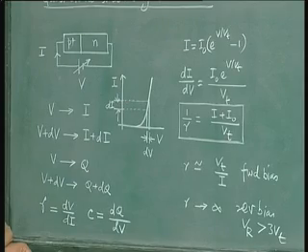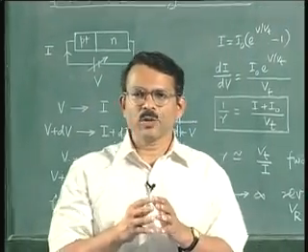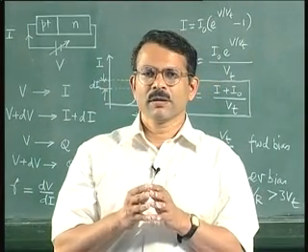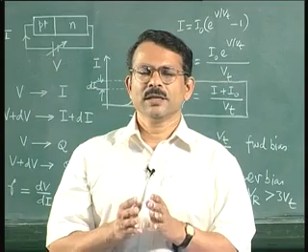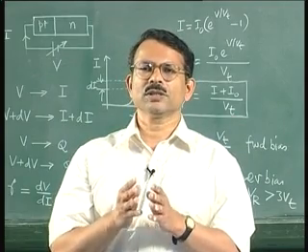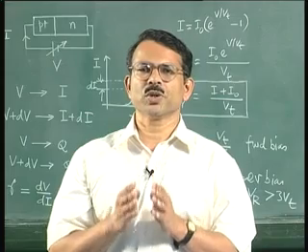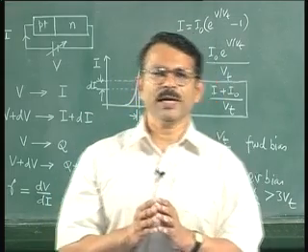So since the resistance and the capacitance are due to a common voltage V, that is the voltage across both the resistance and capacitance is the same, and therefore it follows that the resistance and capacitance should be shown to be in parallel. Okay, so this point should be understood.